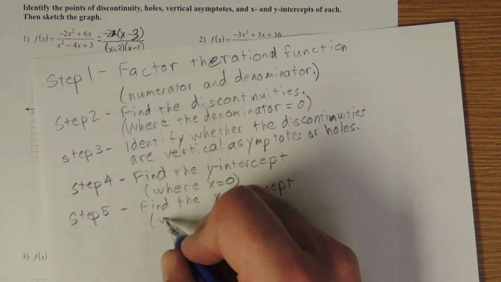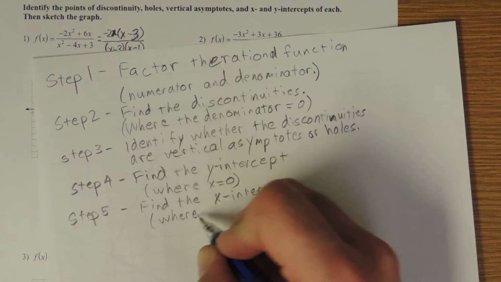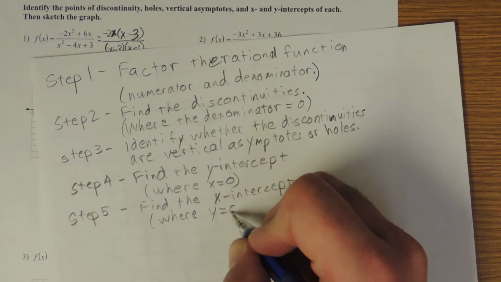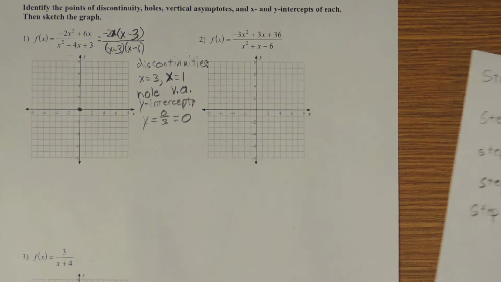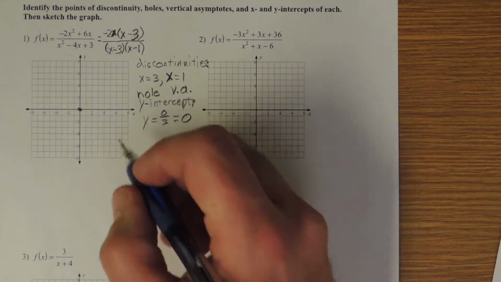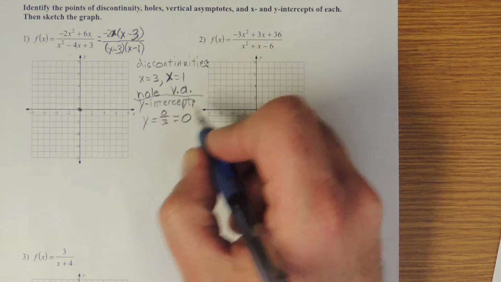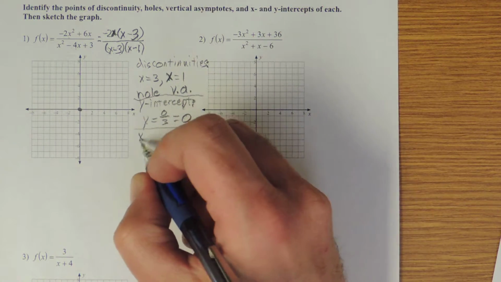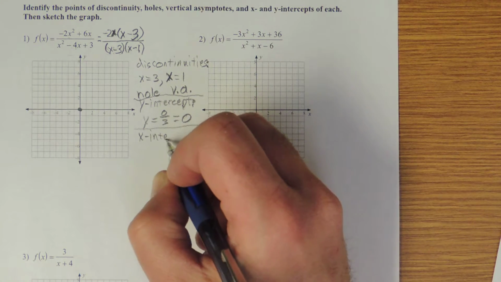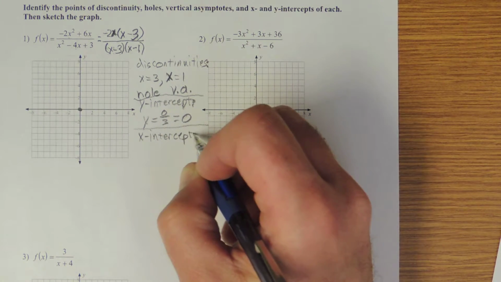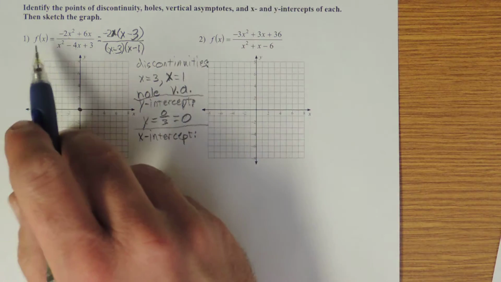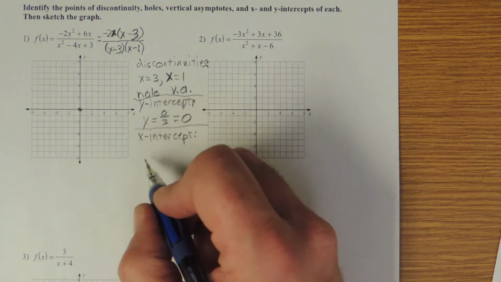This is where y equals 0, which is going to be a little bit more complicated. So y, or f of x, equals 0.